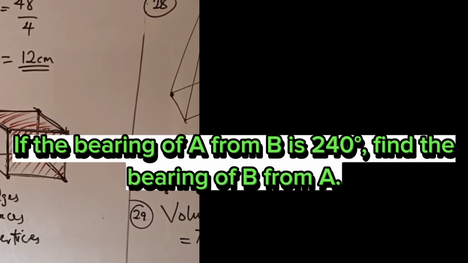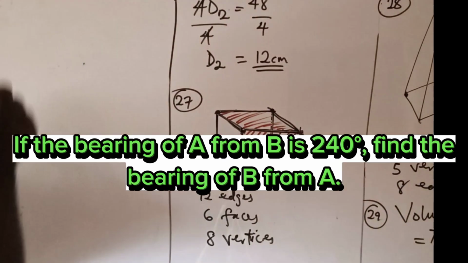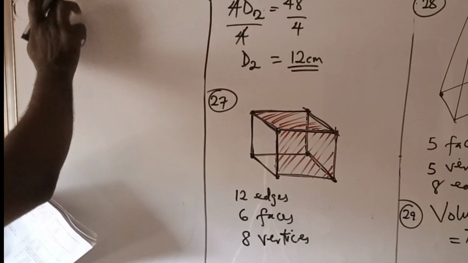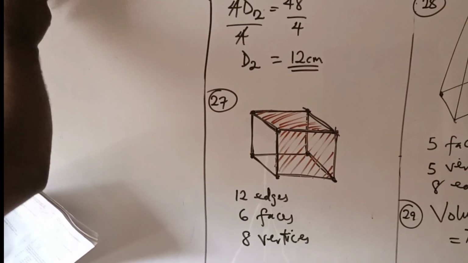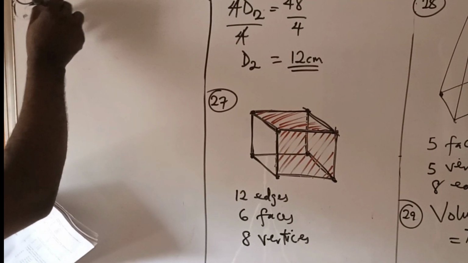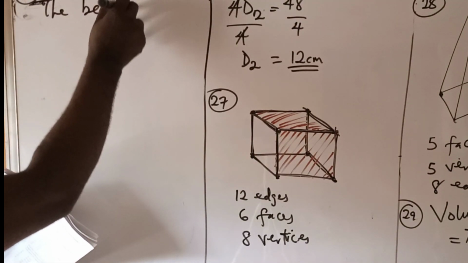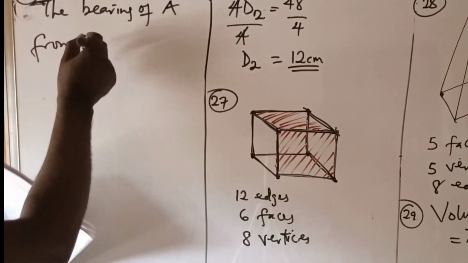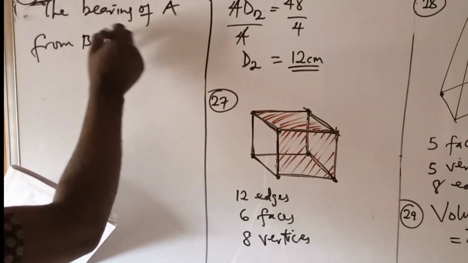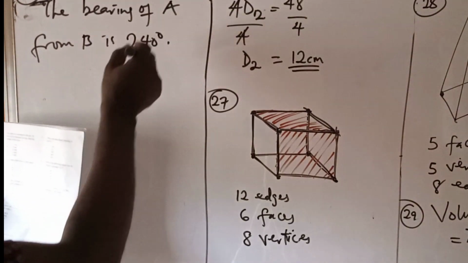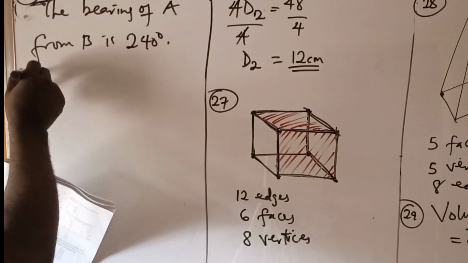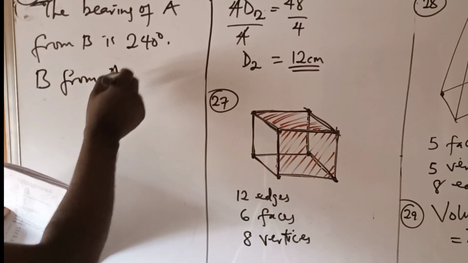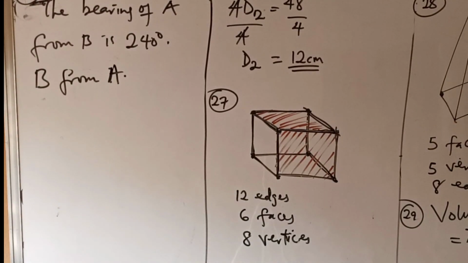Question 30. The bearing of A from B is 240 degrees. So find the bearing of B from A. So this is what we call back bearing.